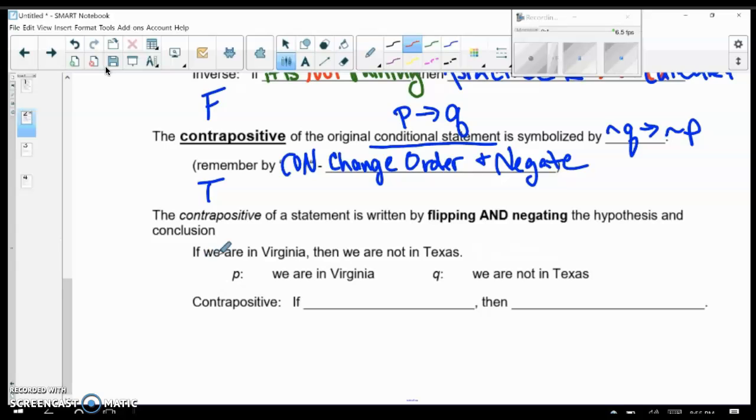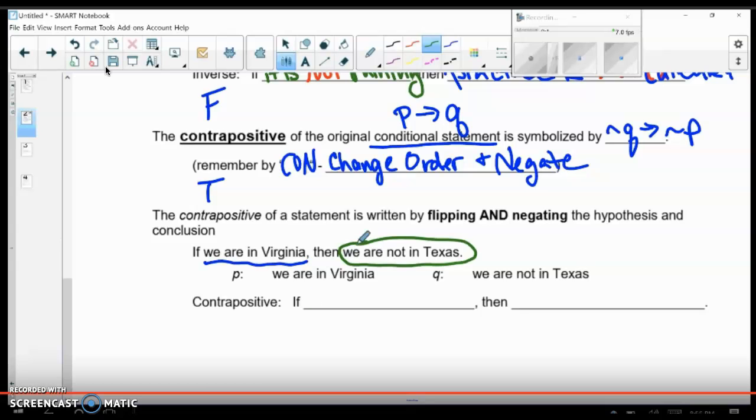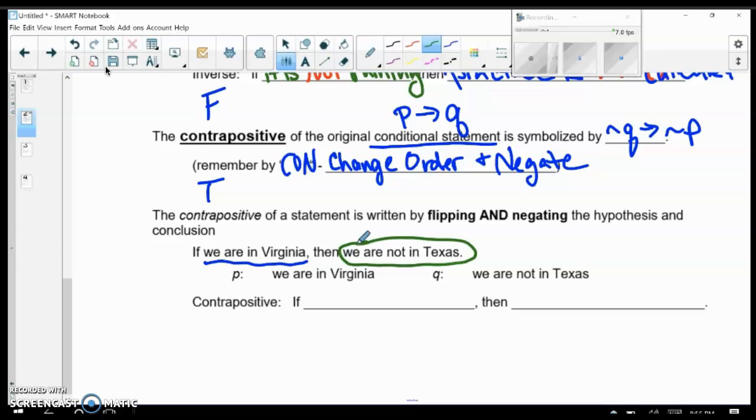And let's just take a quick look at our example. So if we are in Virginia, then we are not in Texas. And again, it's helpful to remember to underline and circle all this stuff along with the notes. So let's take a look at how we would write this.